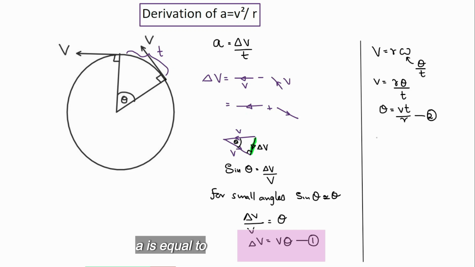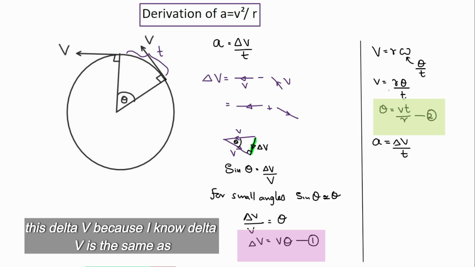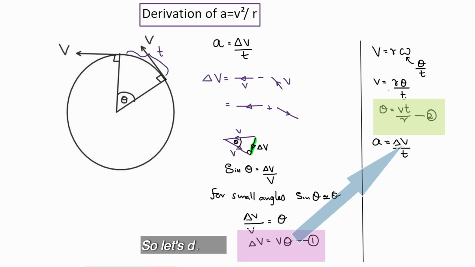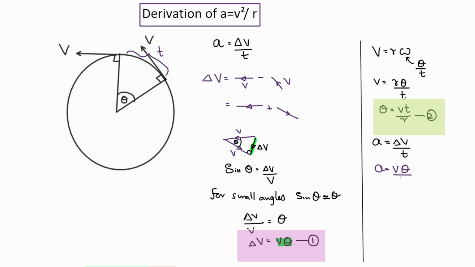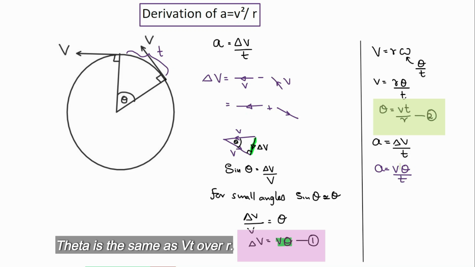A is equal to delta v over t. I can substitute for this delta v because I know delta v is the same as v theta. So let's do that. A is equal to v theta divided by t, but I know this theta is the same as vt over r.